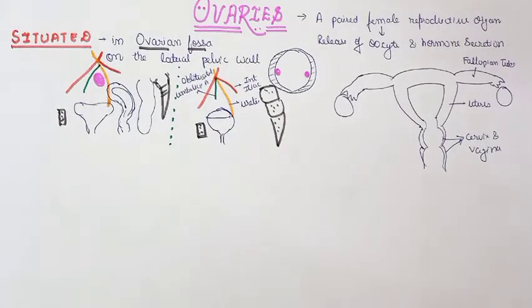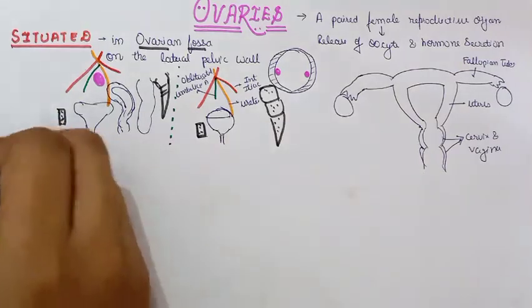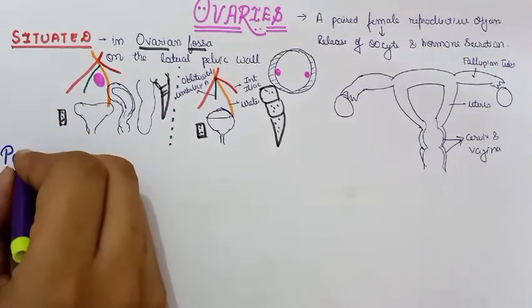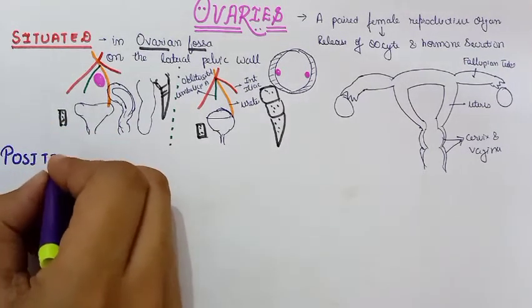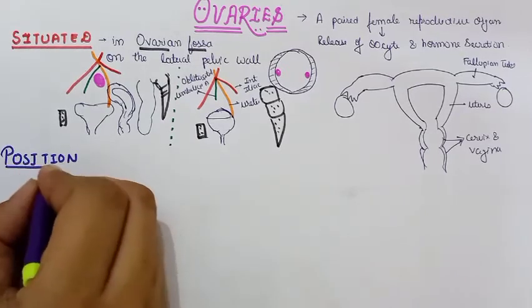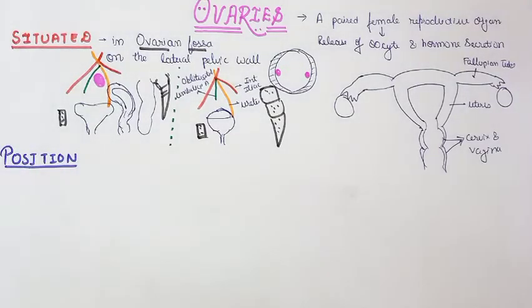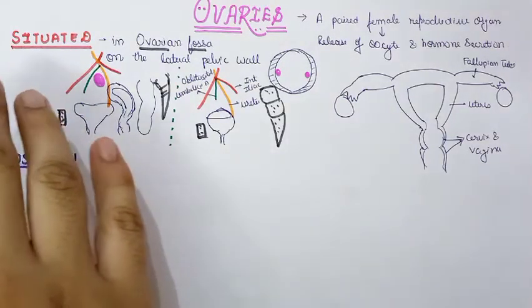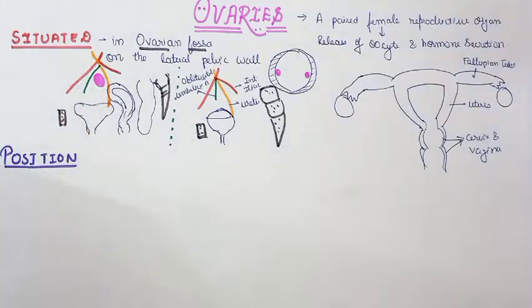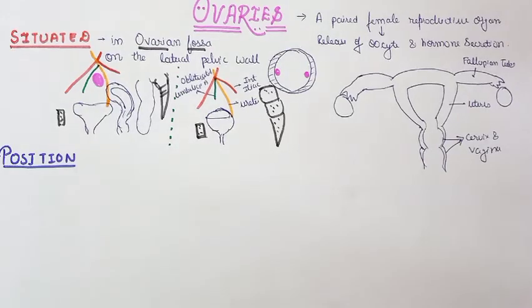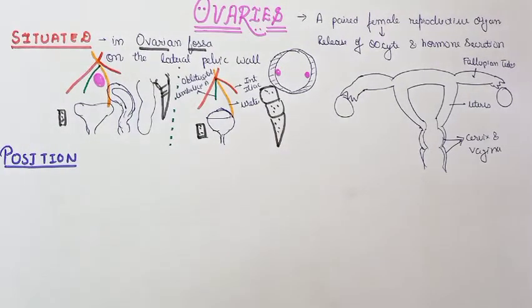So let us develop our topic further by discussing the position of the ovary. What is the difference between situation and position? Suppose you ask a person where the fan is situated in a house or room.